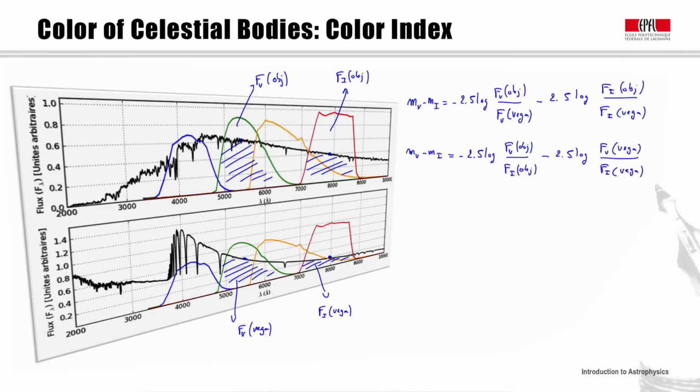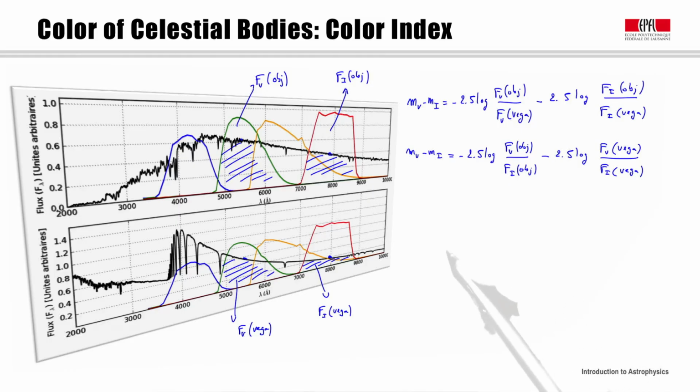Here, after rearranging the equation, what we measure is the flux ratio of our object in the V band in function of the I band. We compare this to the Vega flux ratio in the V band in function of the I band. In other words, we look at the relative slope of my object in function of the relative slope of the Vega spectrum. So we will look at the color of the object compared to that of Vega.